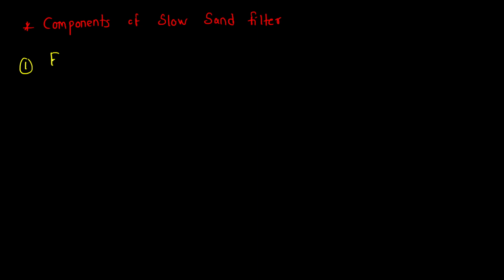Now we'll study the various components of the slow sand filter. The first component is called the filter box, that is our filter media.